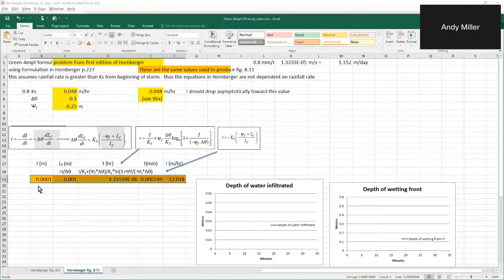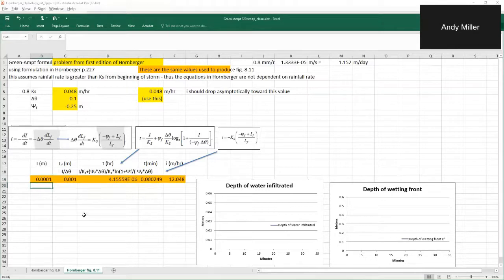Right? And so if I want to make, say, 0.004, let's say, then 0.001, 0.002, 0.004.